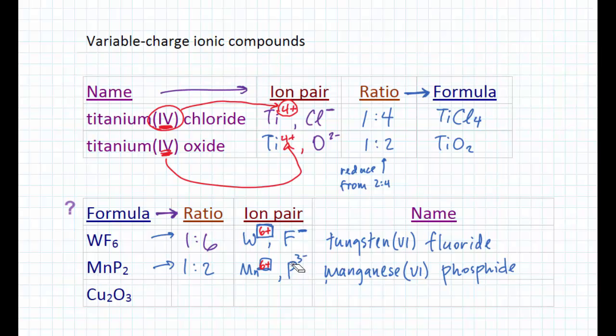You start with the charge of the ion that you know, and looking at that ratio, figure out what the unknown charge has to be. If you like algebra, there's a way to do that algebraically, but I think practically the best way is to think: what does that ratio mean? What is the charge that I know? How many of those do I have? What does the unknown charge have to be?